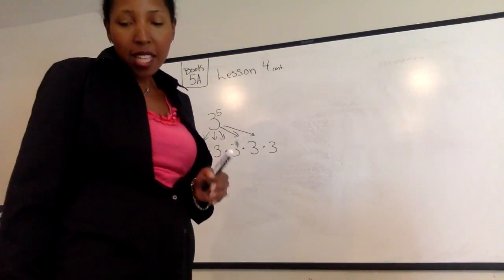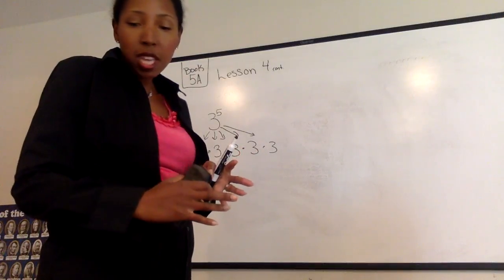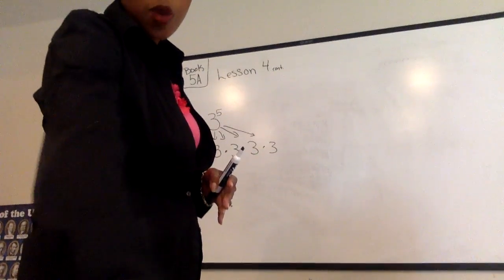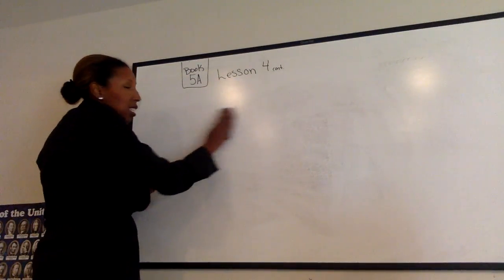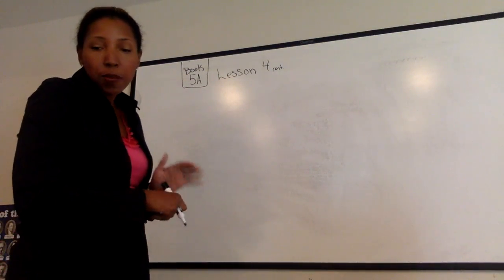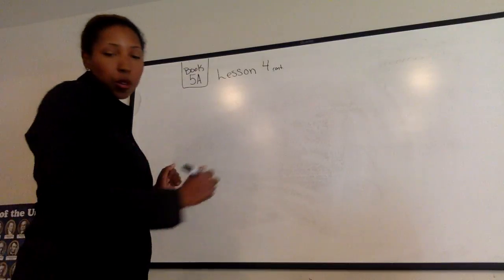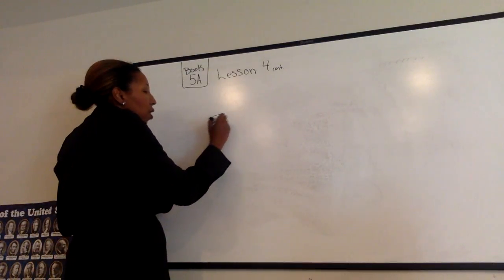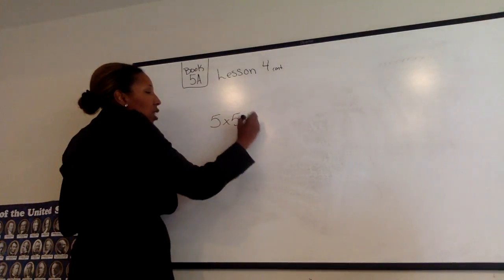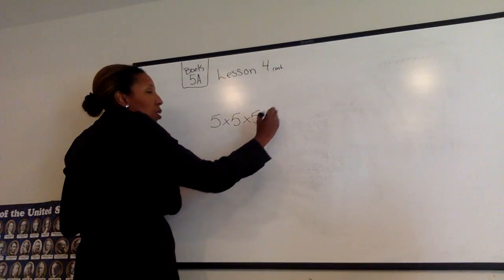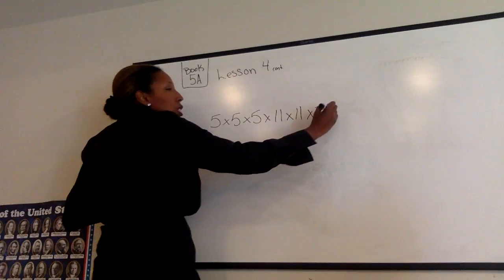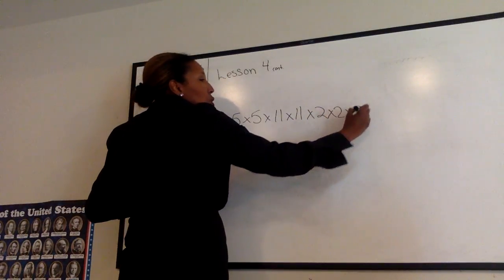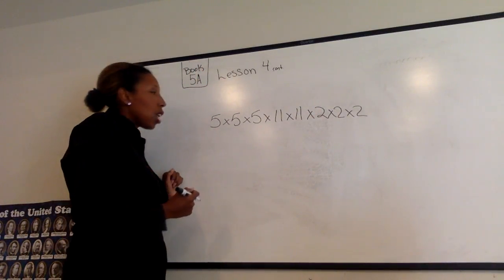And you might be asked to condense certain things, or you might be asked to actually take them and expand them. So if I said to you 5 times 5 times 5 times 11 times 11 times 2 times 2 times 2, you might be like, oh my gosh, that's a lot of multiplying.